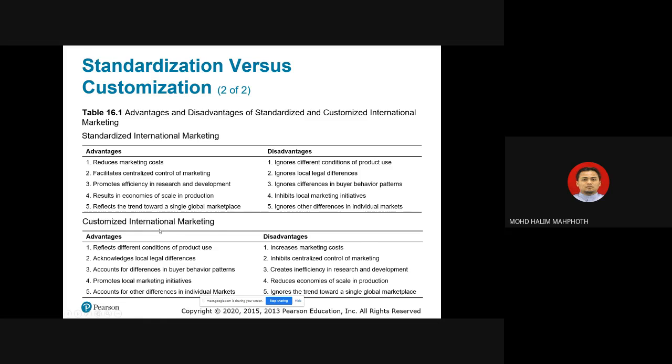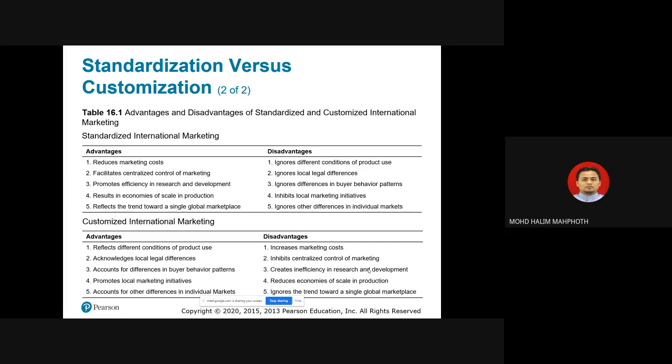Okay, for customization marketing, it is a bit different because you have to bear higher costs. Like here, increased marketing cost due to what? You have to change your packaging and change your ingredients to suit customer preferences, so you have to offer a variety of types of products.